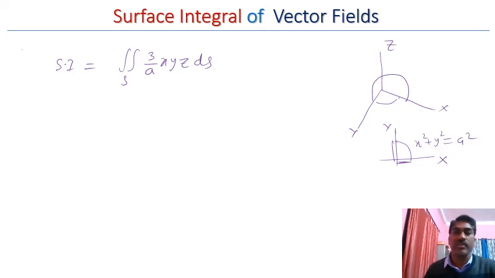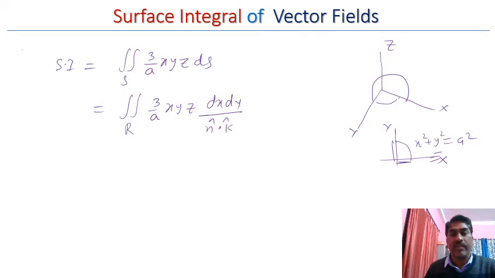So the region will now be changed and taken as this one. So we have 3 by a xyz, and ds becomes dx dy by n dot k. We have already discussed this multiple times, that we write ds equal to dx dy by n dot k.